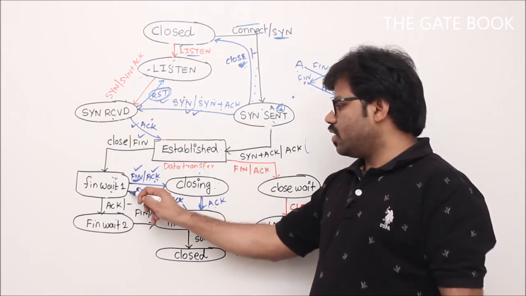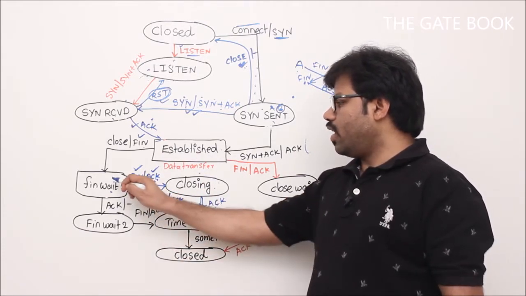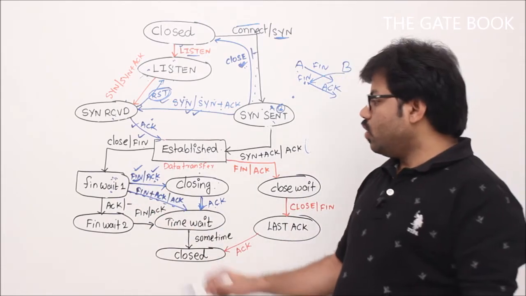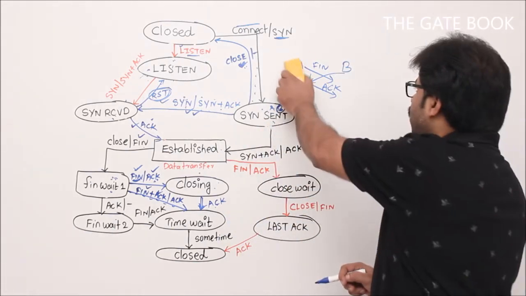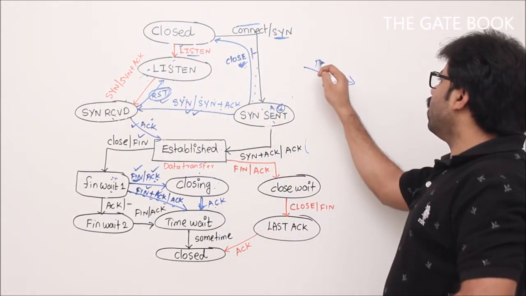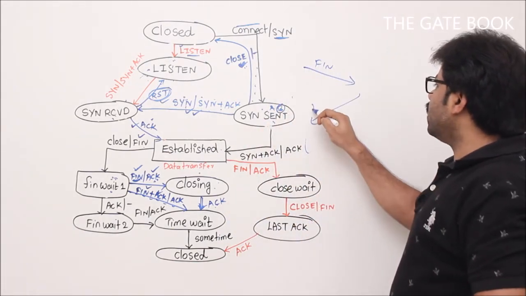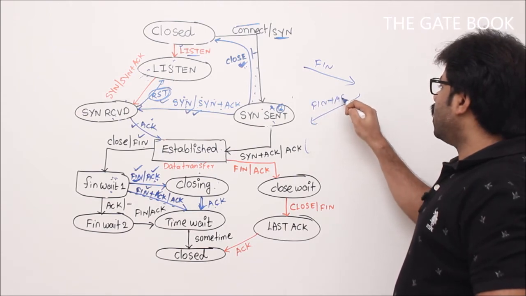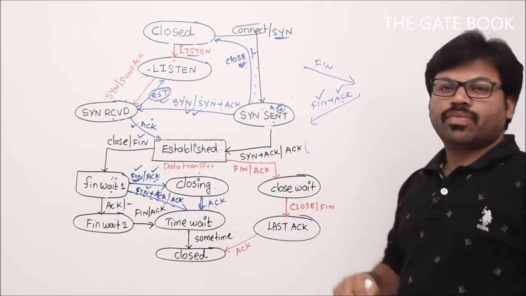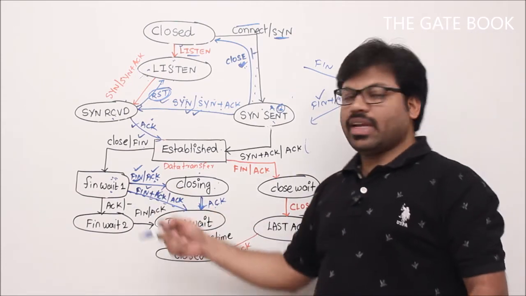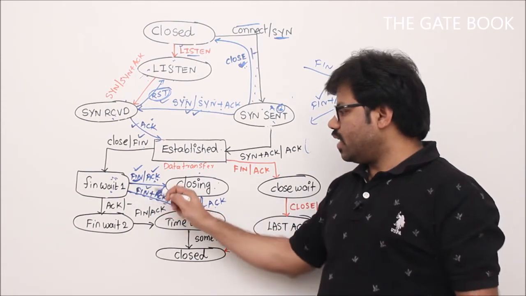Now see this edge. What is this edge? You are in the FIN wait 1 state. You got FIN plus ACK. Recall, when you send FIN and you get FIN plus ACK, that means the server also wants to close its connection, and the server is accepting your ACK. Then you will be happy. Nothing to wait for, right? You were waiting for ACK.